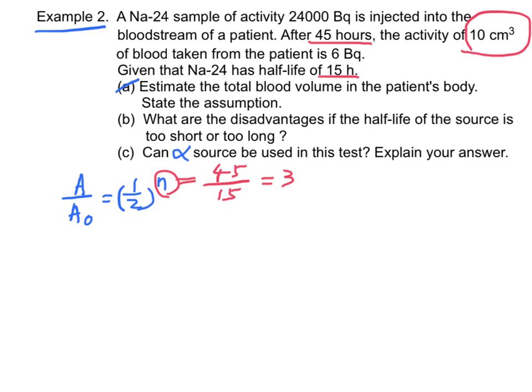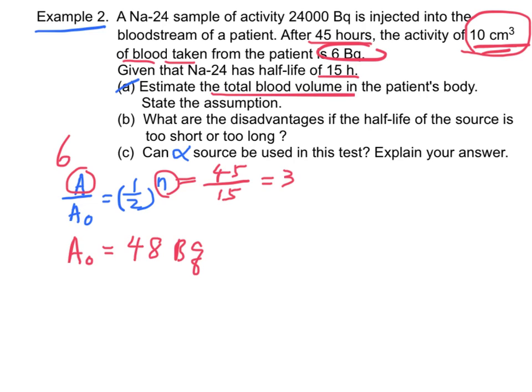For 10 cm cube of blood taken from the test, we have A equal to 6 Bq. Therefore, we have A naught equal to 48 Bq for this volume of blood.